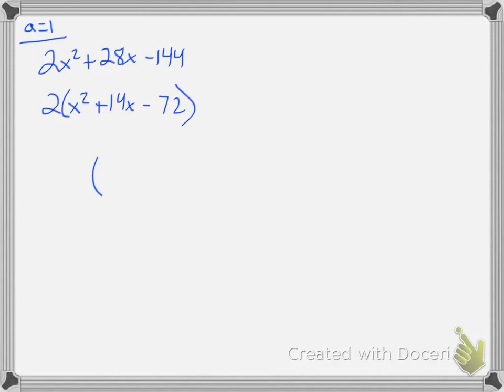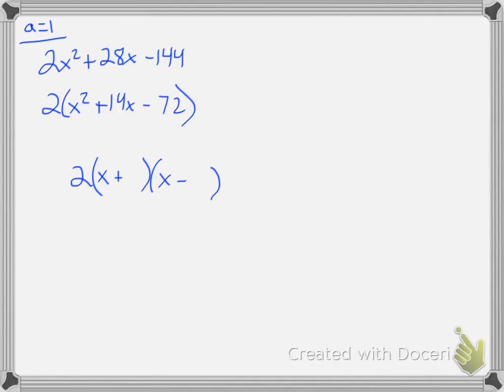So here, remember, I'm going to bring my 2 down. I'm trying to figure out what two numbers multiply to be negative 72 that combine to be positive 14. And because it's a negative 72, I know one's positive and one's negative.